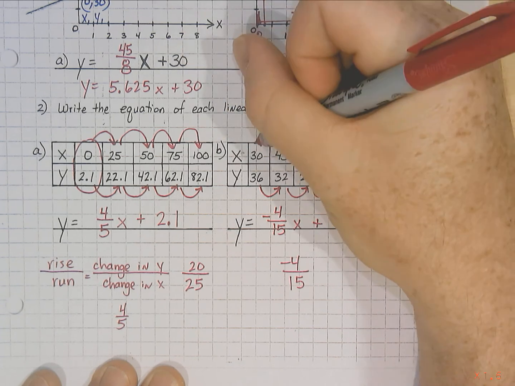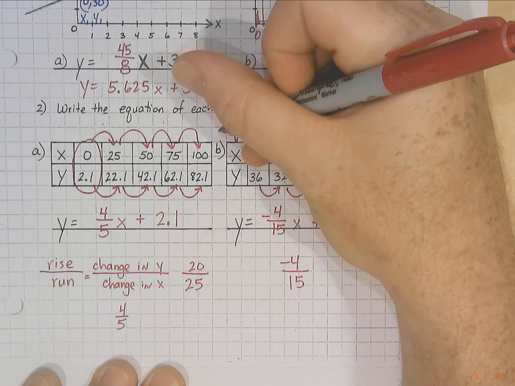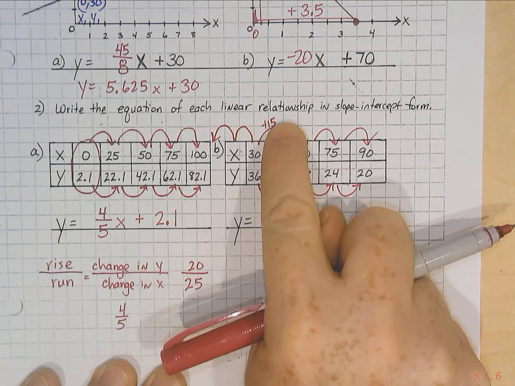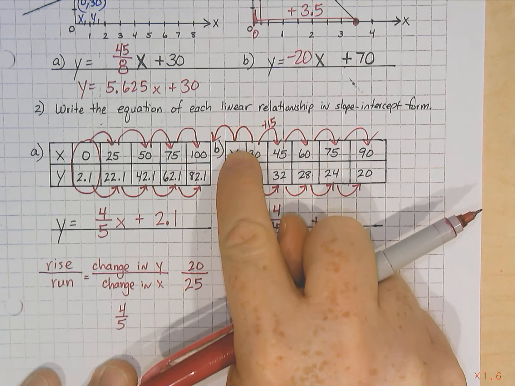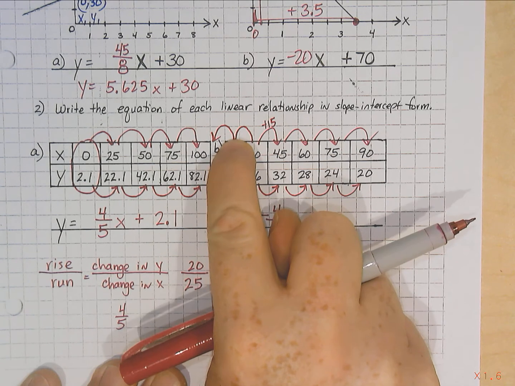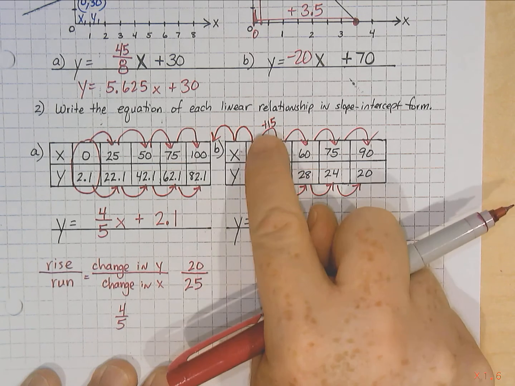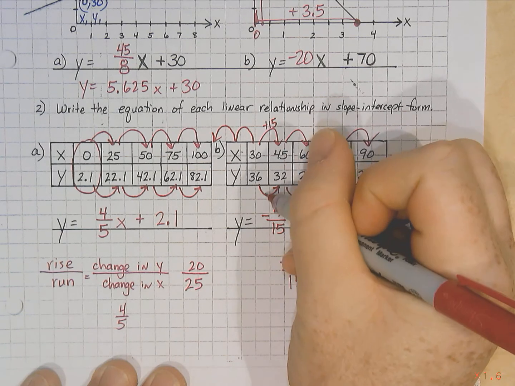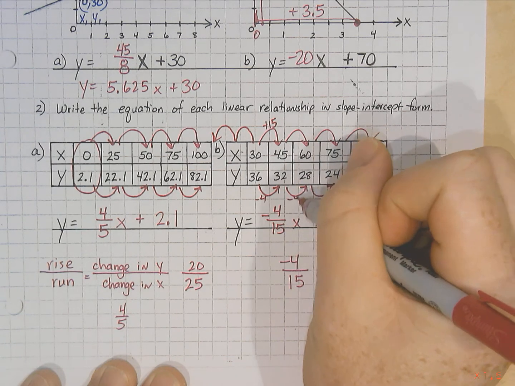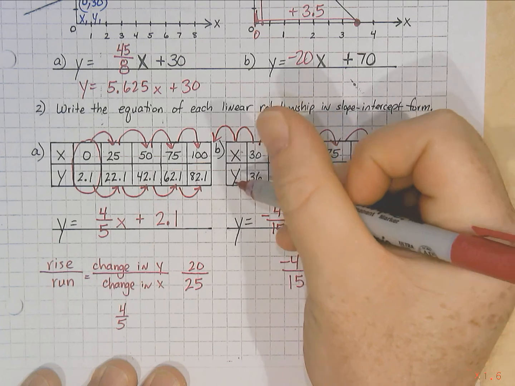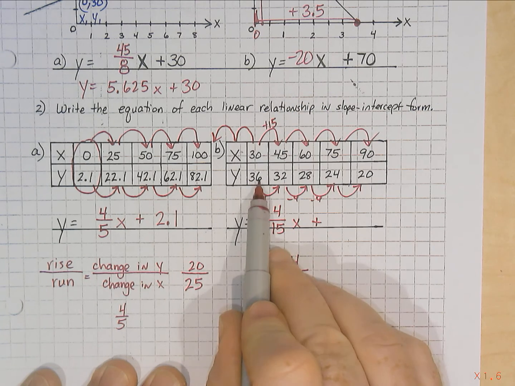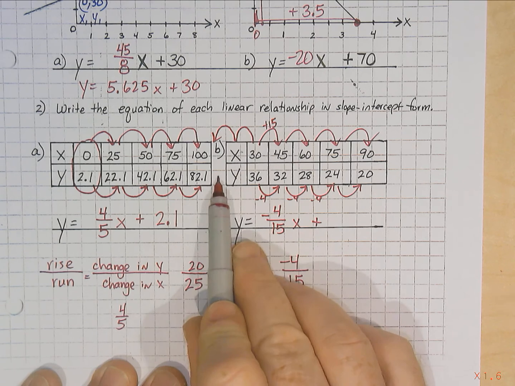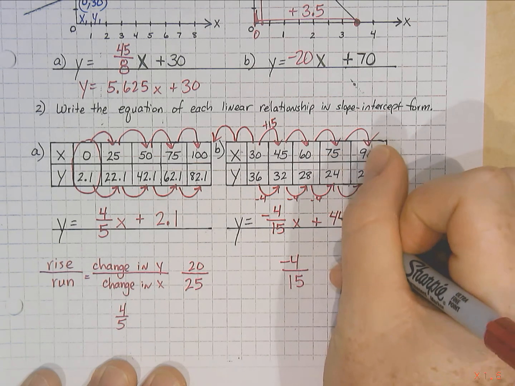Keep subtracting by 15 until you get to 0. 30 minus 15 is 15, and then 15 minus 15 is 0. So we just have to move back twice. Here, if we're subtracting 4 each time, that means if I want to go this way, I'm going to have to add 4. So 36 plus 4 is 40, and then 40 plus 4 would be 44. So it should be 44.